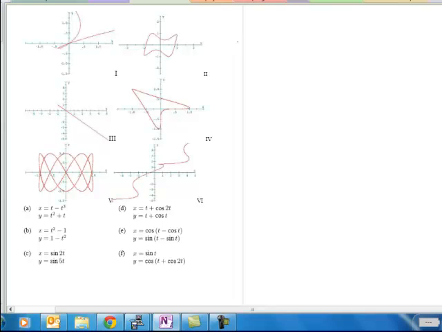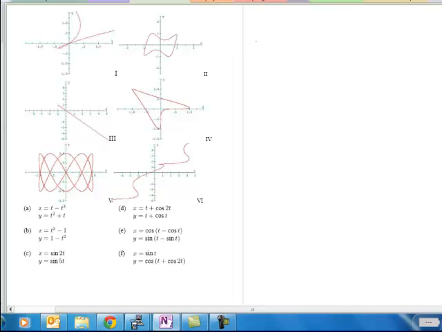So what we want to do here is try to match up the graph with the right formula. And it helps to think about different restrictions on x and y, as well as relationships between x and y together. Let's see, I'm trying to think of what are going to be the easiest ones to start with.